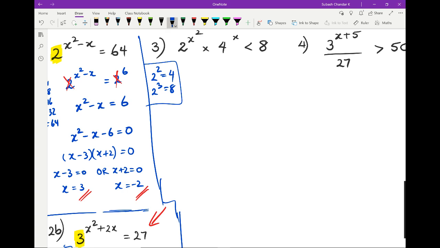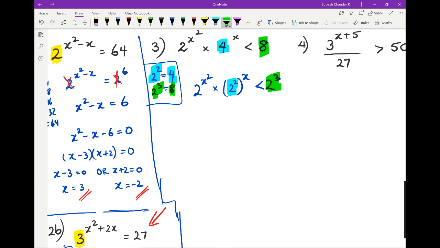So I'm going to rewrite everything: 2 to the power of x squared multiplied by 4. I'm going to replace 4 with 2 squared, because remember that 2 squared equals 4, and I've got x less than 8, which is 2 cubed again, so I'm going to replace that with 2 cubed.